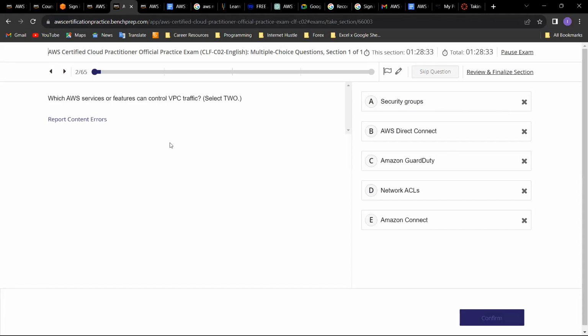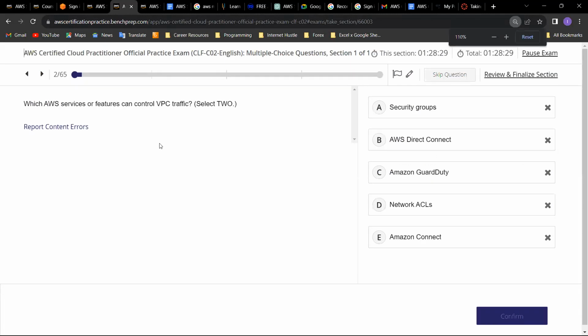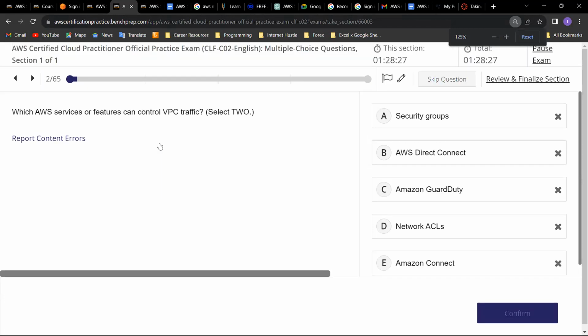It's all B. Which AWS service or features can control VPC traffic? We are selecting 2. We have security groups, Direct Connect, GuardDuty, Network ACLs, Amazon Connect.